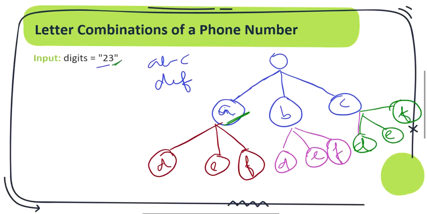So once it is added with AD, AE and AF, it returns the combination to the next neighbor node, which is B, and then further it adds all the combinations of BD, BE and BF, and then backtracks to C. So hope you all understand a basic DFS traversal. So let's go to the code now directly.